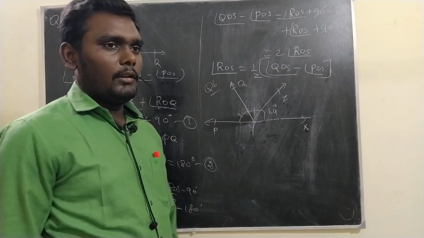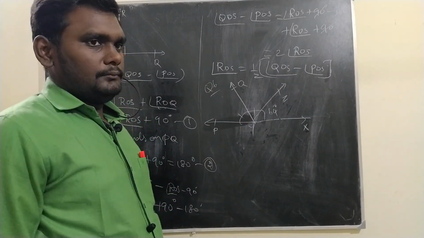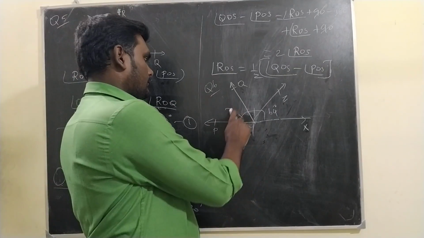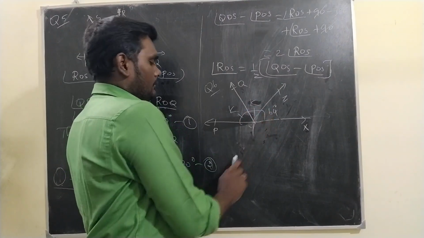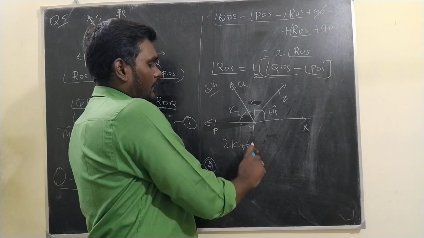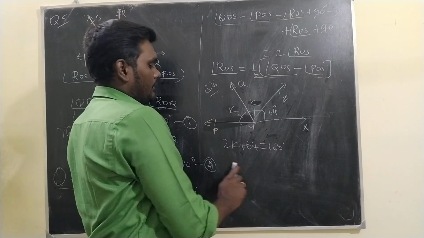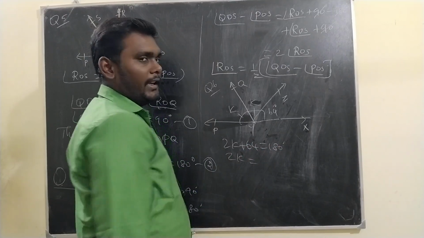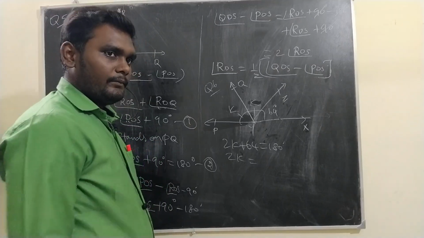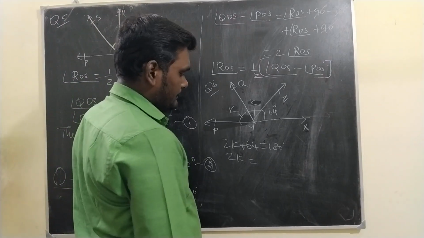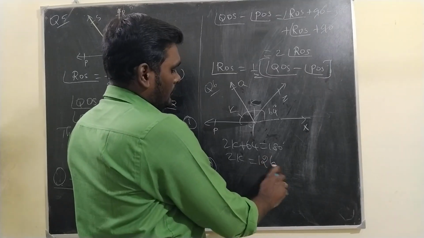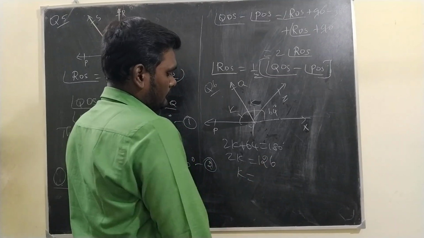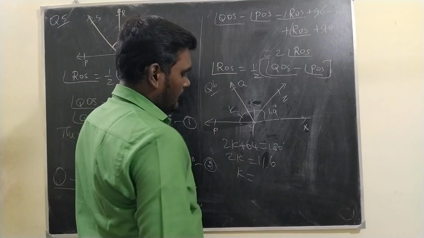Now tell me how to solve this. Simple. X we can't take, make it as K. So 2K plus 64 is equal to 180. And 2K is equal to 180 minus 64. How much is it? 116.